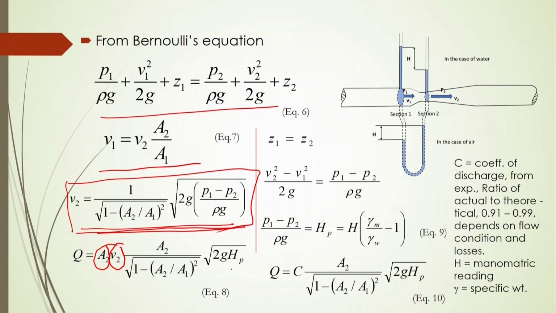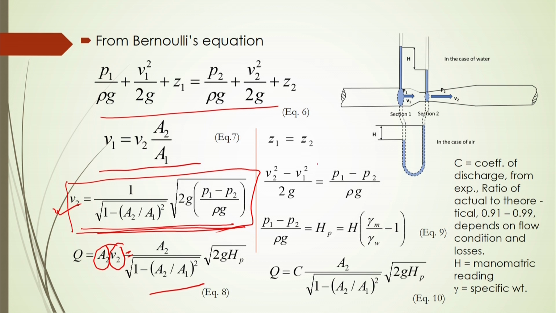What is that V2? We substitute the V2 from equation number 8, and then we can calculate the volumetric flow rate, which comes out this way after simplification.